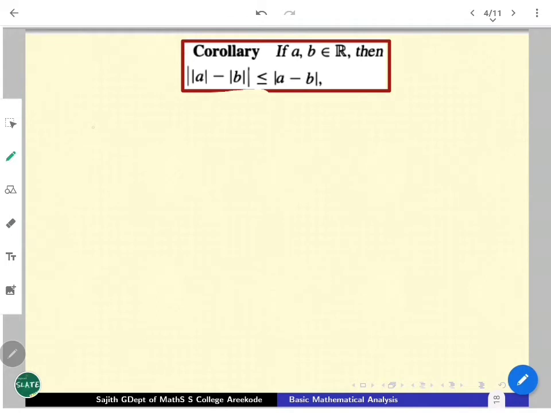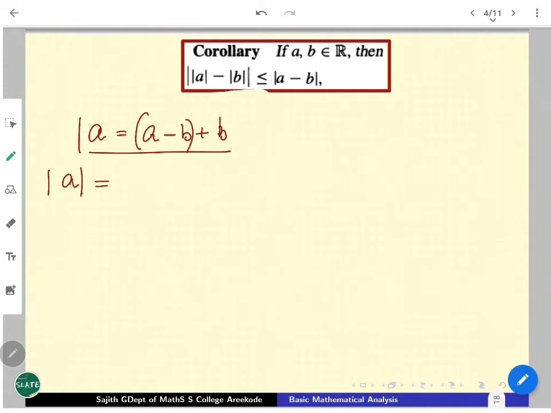Just rewrite a and b in the appropriate manner. Start with a. If I am writing a as a minus b plus b, for example, and I can just group it like this. Now just apply the triangle inequality for this. So I will get modulus a, which is going to be the right hand side modulus, and obviously here I can apply the triangle inequality for this x and y.